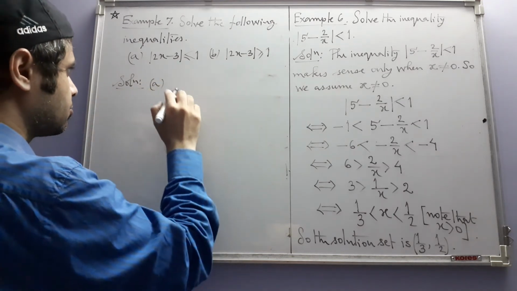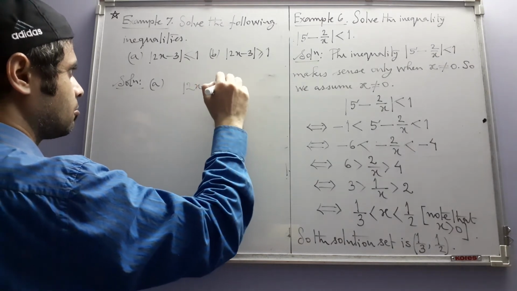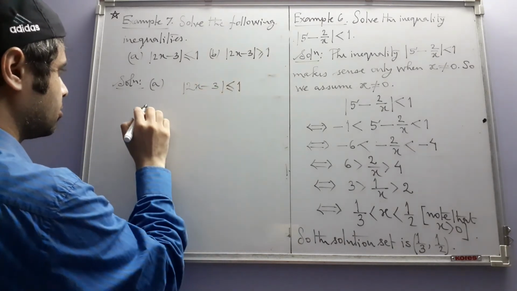So A is quick. This is less than or equal to 1.